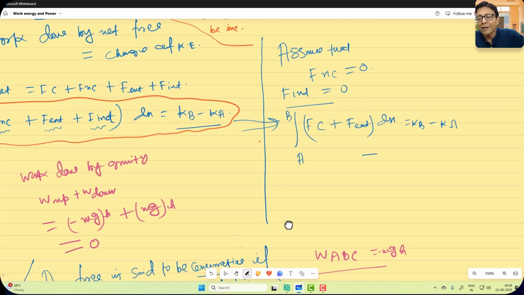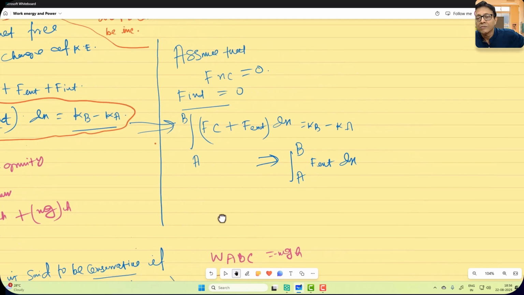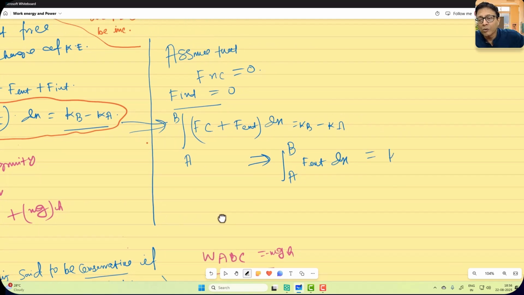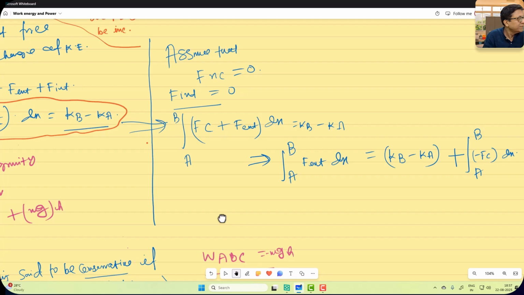And this we simplify in this manner: integral from A to B of F external dx will be equal to Kb minus Ka, minus or plus, integral from A to B of minus Fc dx. Can you follow me? What I have written there? Minus Fc dx. Okay?